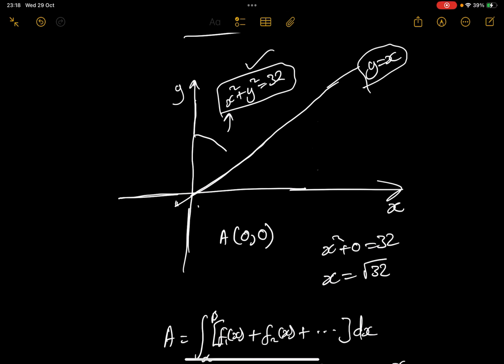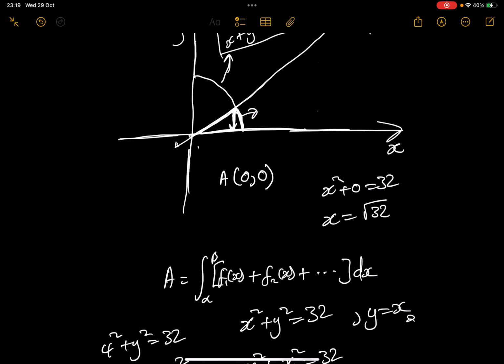And then this is the equation of the circle, and obviously the x-axis. So we are looking at this region, but you can split that region into this small triangle and this small curve. So you can integrate the curve and then just use arithmetic for the triangle.